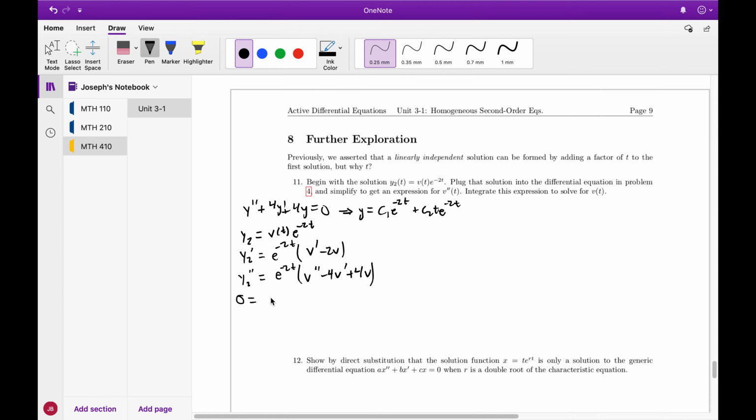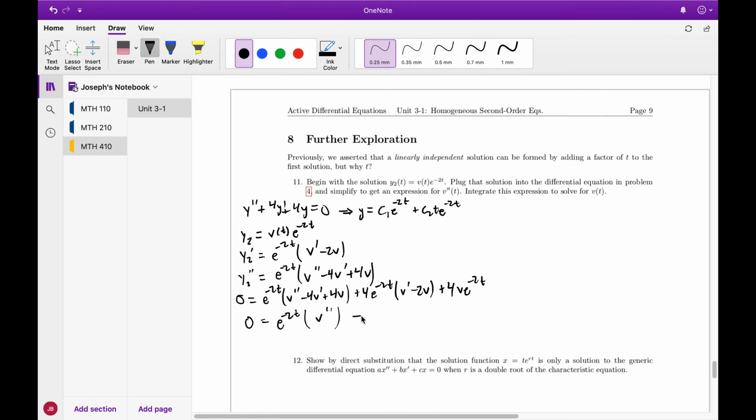So you get e to the minus 2t times v double prime minus 4v prime plus 4v, plus 4 e to the minus 2t times v prime minus 2v, plus 4v e to the minus 2t. You simplify and factor out e to the minus 2t from everything, and what you get is 0 equals e to the minus 2t times v double prime.